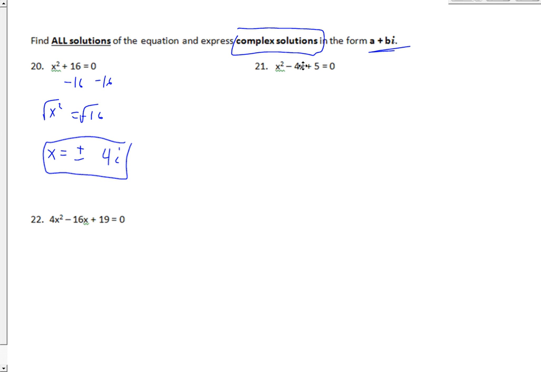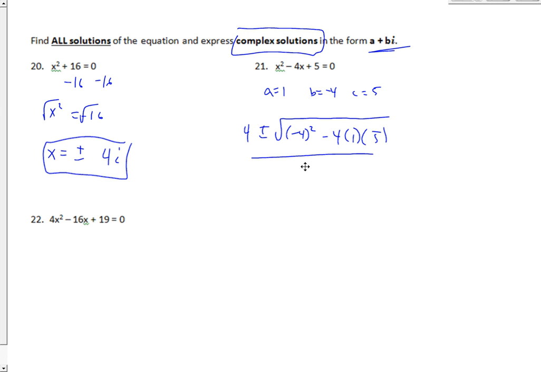Number 21 is a full-blown quadratic. So I'm going to use the quadratic formula. a equals 1, b equals negative 4, c equals 5. So for the quadratic formula, I get the opposite of negative 4, so 4, plus or minus the square root of negative 4 squared minus 4 times 1 times 5, all over 2a, so 2 times 1, so 2.